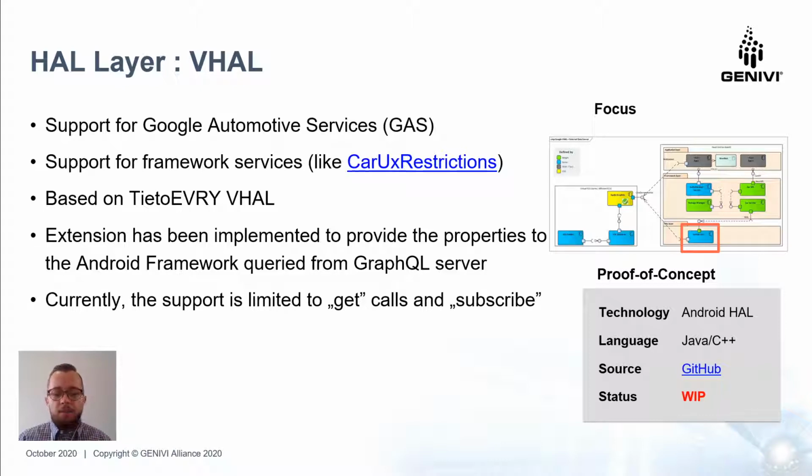Right now, the support is limited to GET and subscribe calls, not only in the vehicle HAL but also in the data server. The data server is still not able to accept the set methods to change values that exist outside Android.